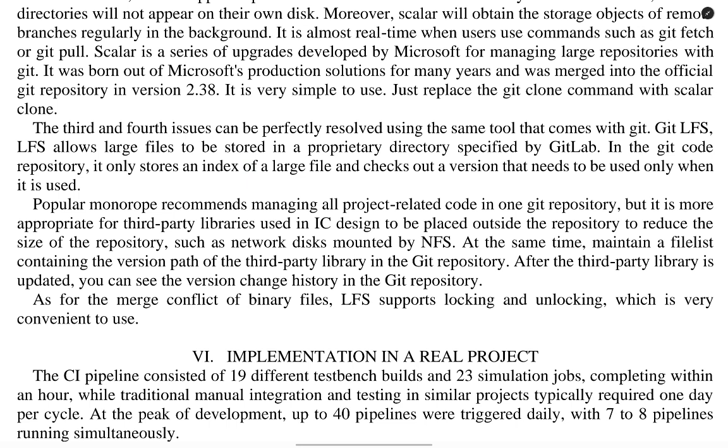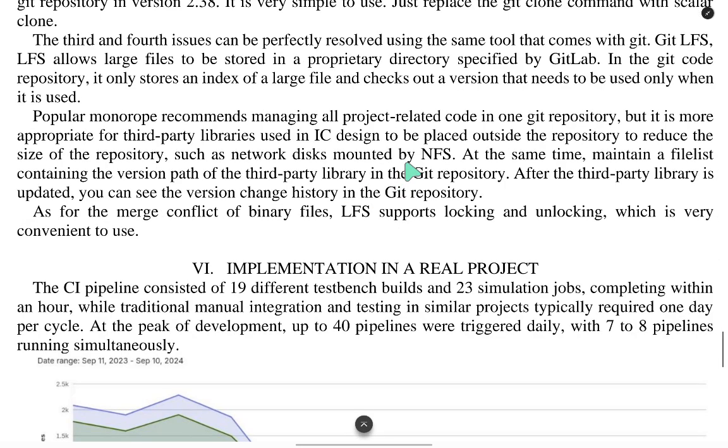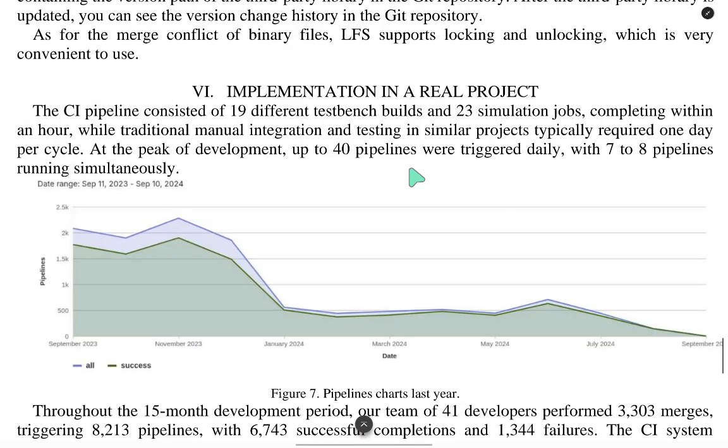At the same time, maintain a file list containing the version paths of the third-party libraries in the Git repository. After a third-party library is updated, you can see the version change history in the Git repository. As for merge conflicts of binary files, LFS supports locking and unlocking, which is very convenient to use.